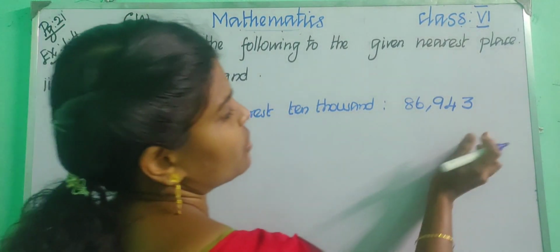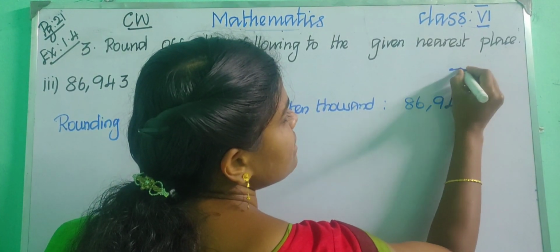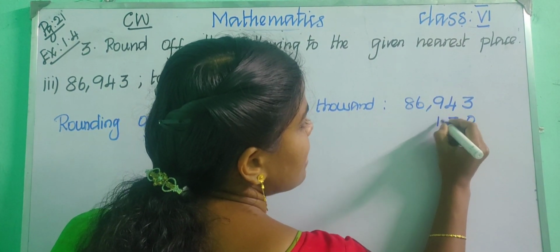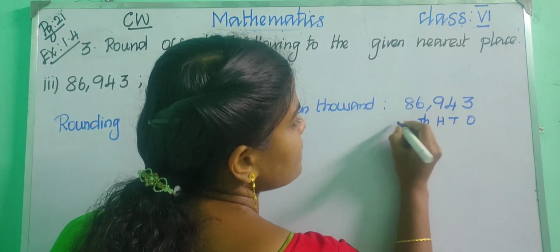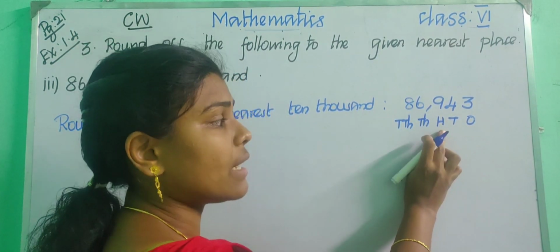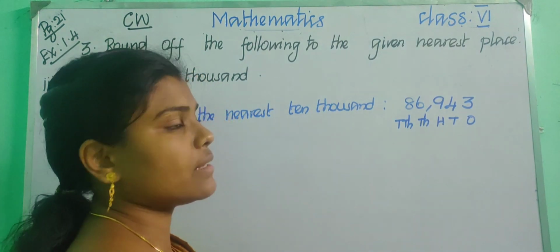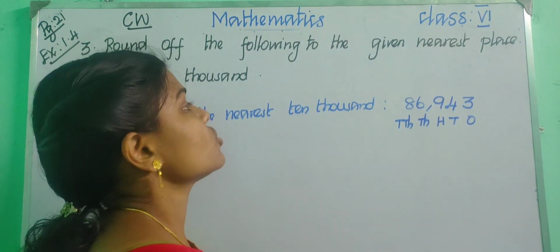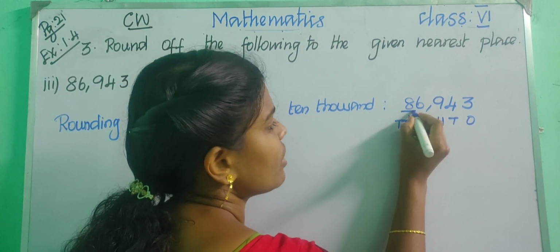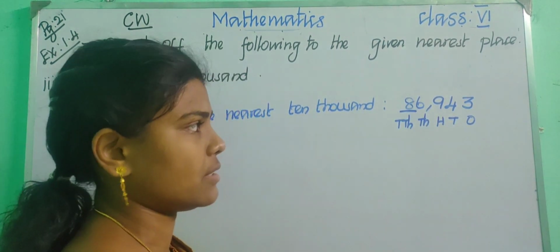Write the place value: ones, tens, hundreds, thousands and 10,000s. So we are going to round off to the nearest 10,000s, so we are going to round off this place, 8.